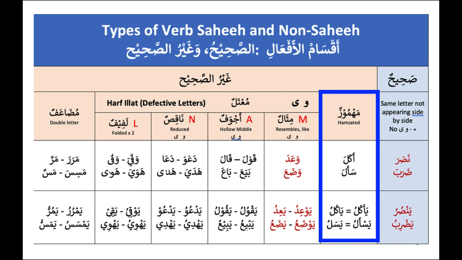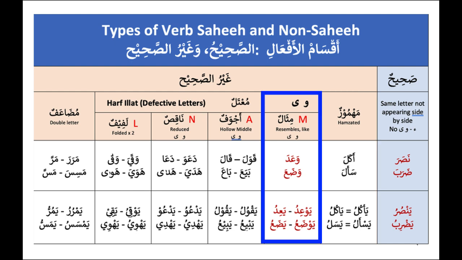The original form is yas'alu. But after the tabdil, the changeover, transformation, the Mudari is now yasalu. That Hamza has dropped. So this is called tabdil process, which is essential for us to learn. And inshallah, we'll cover it later. So the first type of ghayru sahih verb is mahmuz, where a Hamza will appear in a verb.